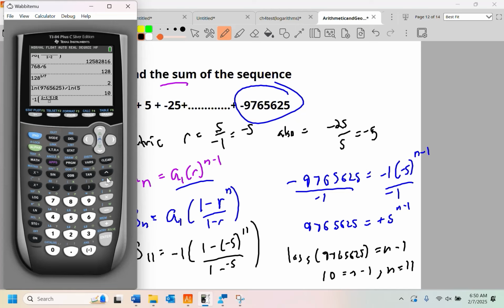This is why it's important, because it's going to get raised to an odd. Well, actually with an odd, it doesn't matter. It's when you get raised to an even that it matters. 1 minus a negative 5. There you go. That's the sum. 8,138,021.